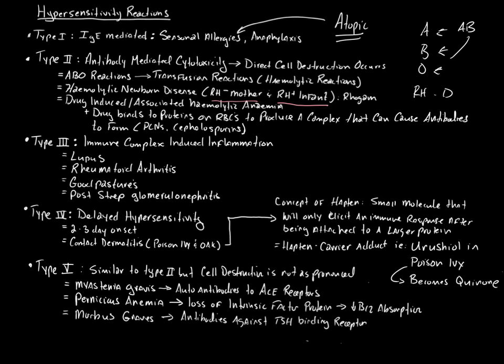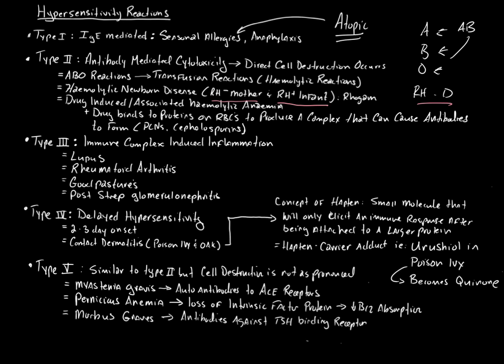Well, this same kind of thing can happen here with mom. If I give birth to an Rh positive infant, the first time it happens, it may not be a problem, but now the mother has become sensitized to the Rh factor, and subsequent births can be a problem.